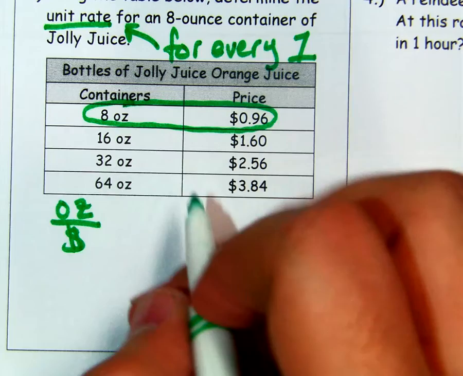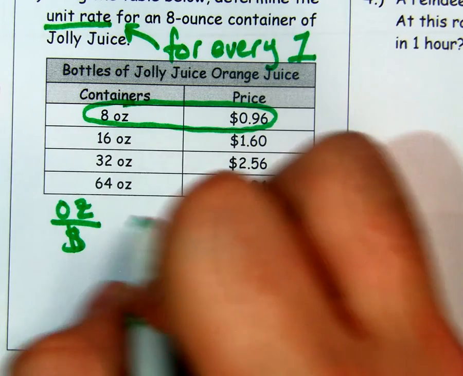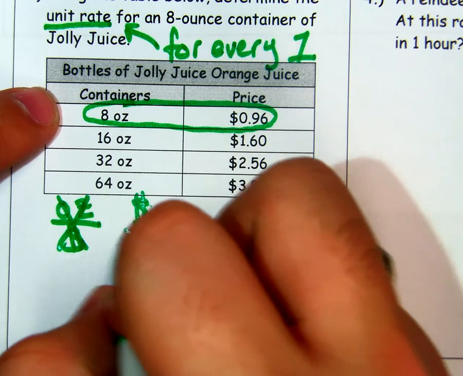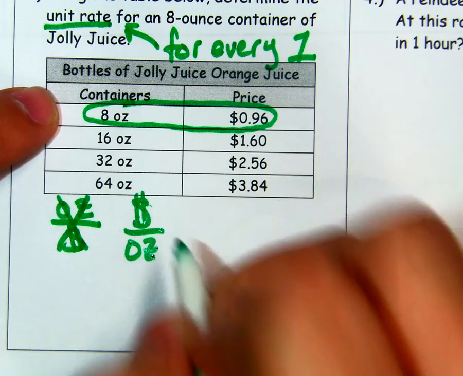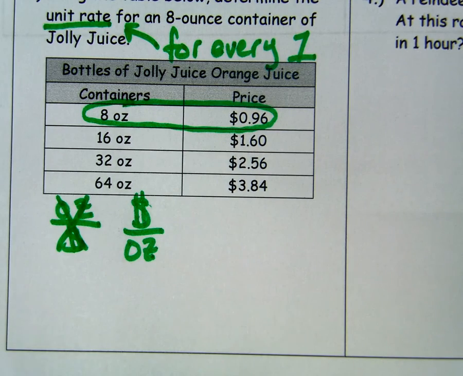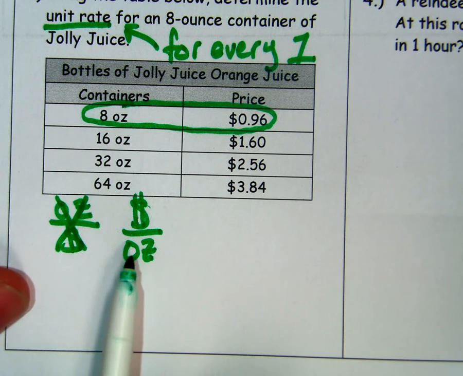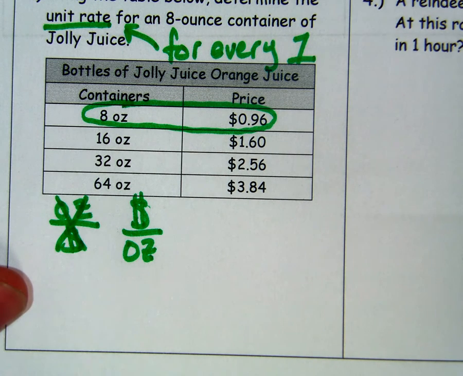Normally when you go to the grocery store, you normally see your unit rates written as the amount of money for every ounce, or sometimes you might see them for the amount of money per pound or something like that. So what we want to do here is figure out how much money it costs per ounce of Jolly Juice that we have in this container.